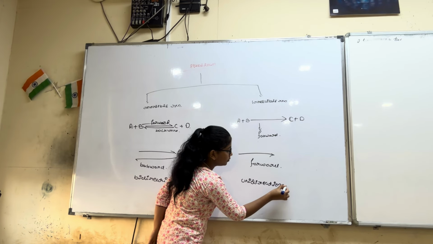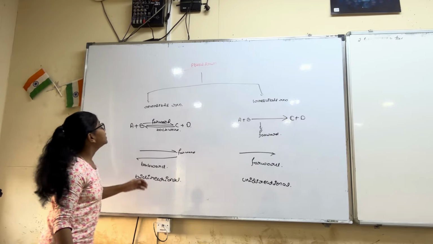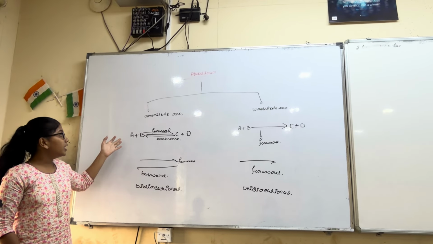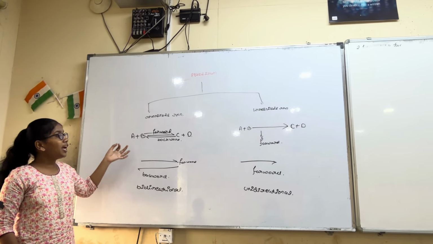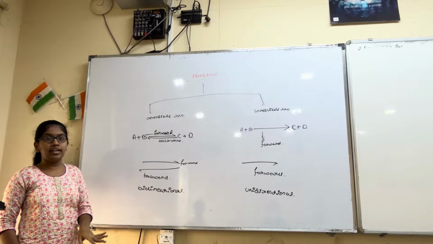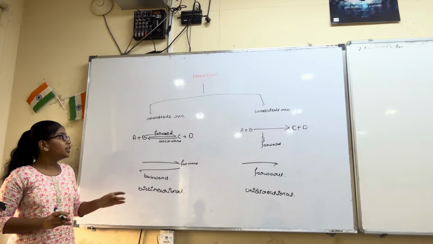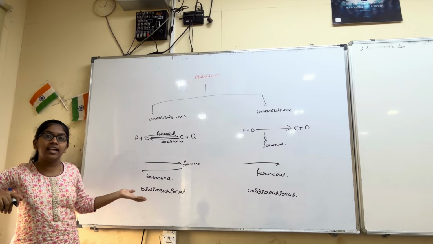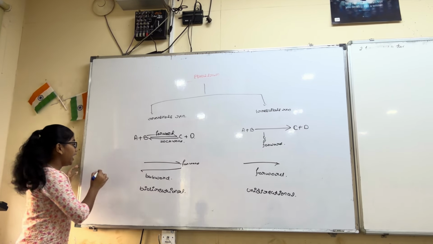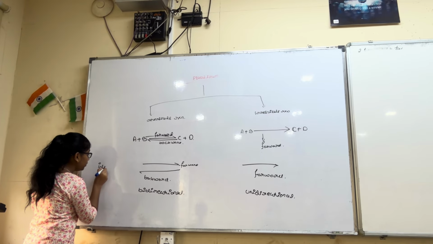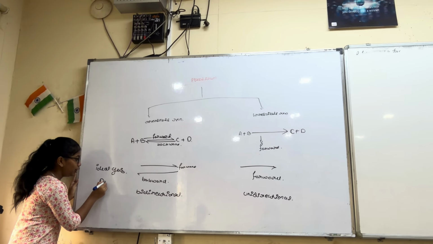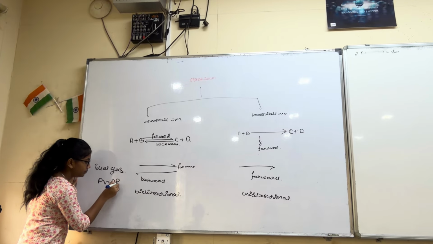Some conditions for equilibrium: reversible reaction is occurring in a closed container, and another one is that it takes place for an ideal gas. PV ideal gas means PV is equal to nRT.